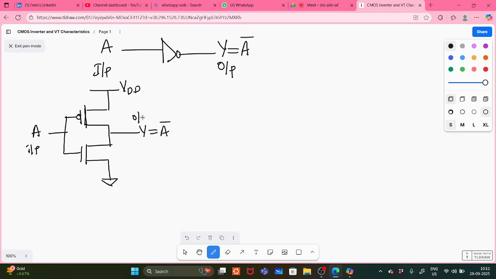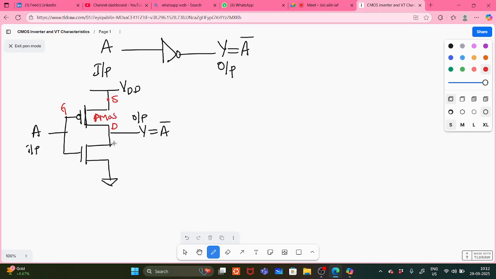So this is output. Okay, if you give the terminals here for PMOS, source is connected to VDD, the gate is common, and here this is drain. This is PMOS.